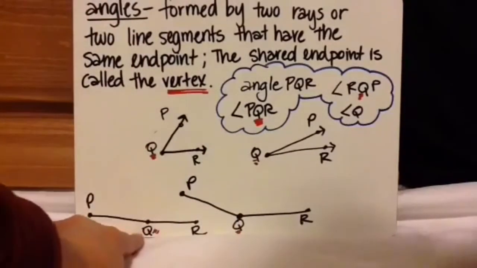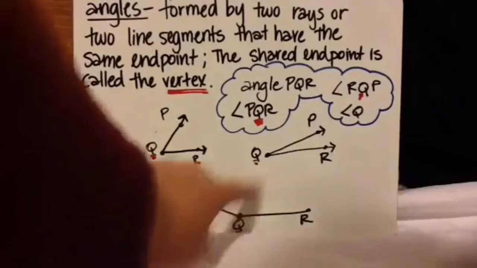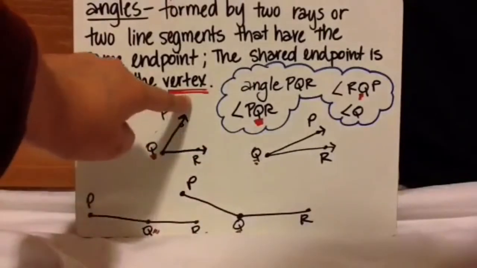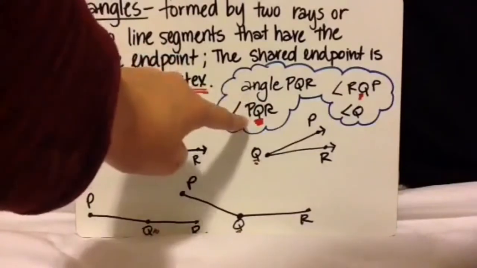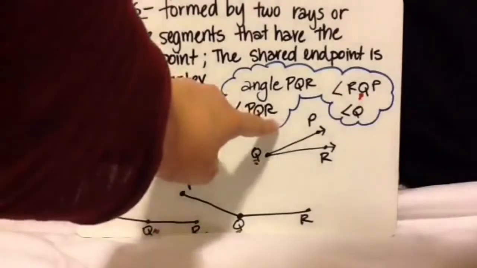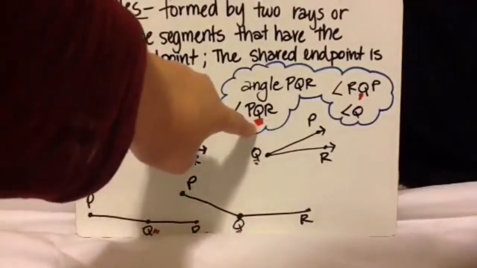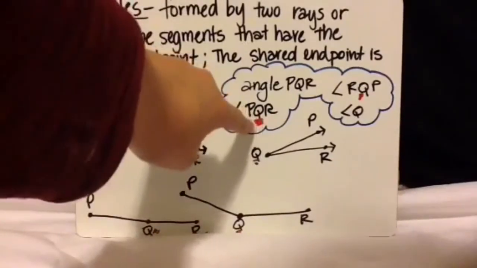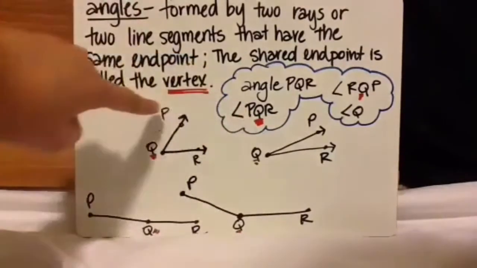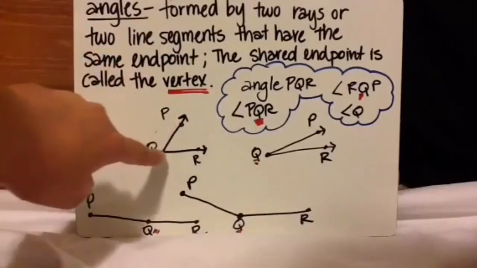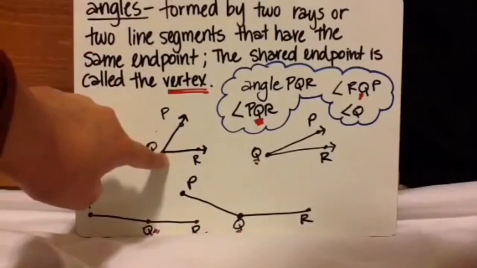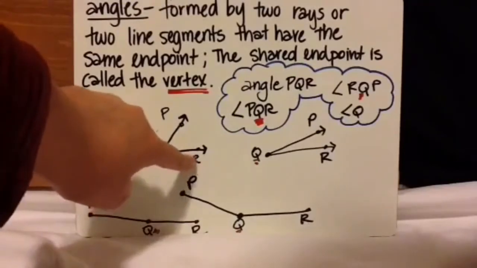This is very important. That's why I underlined it in red, because when you draw an angle and write PQR, the vertex letter must be in the middle, because that tells people you are starting here, this is the endpoint of your angle, and then that's the other side.